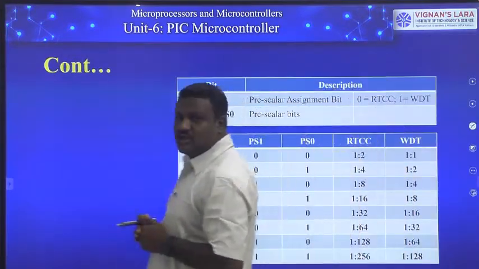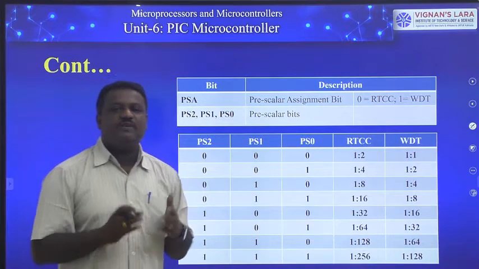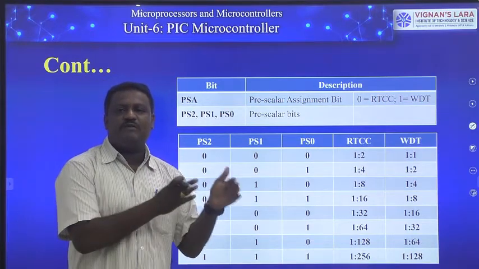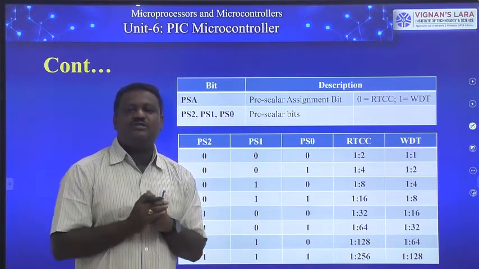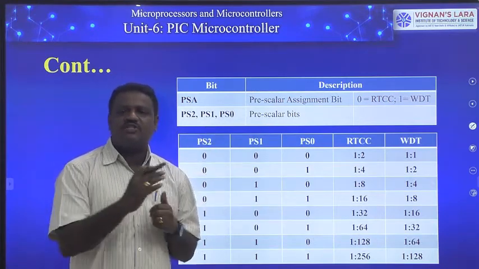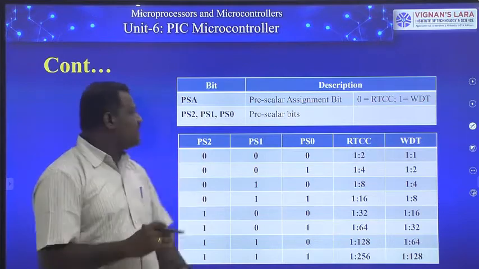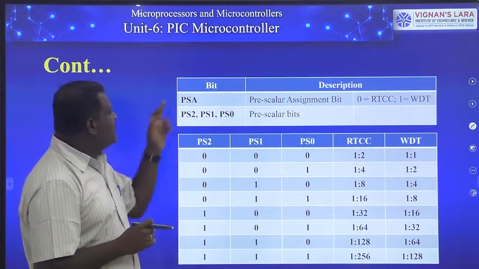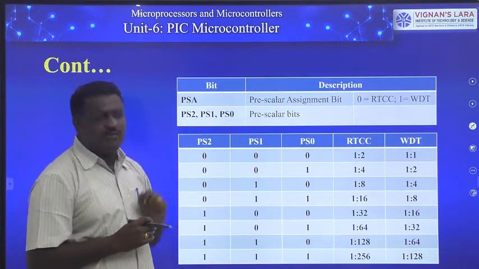So see here, friends, how I can use this PSA bit as well as PS2, PS1 and PS0 of my option register to assign the prescaling for timer 0 as well as the Watchdog timer WDT. First, I start with the PSA, the prescaler assignment bit.